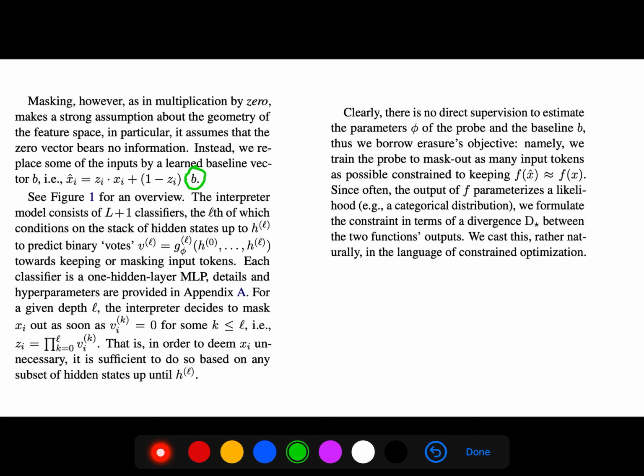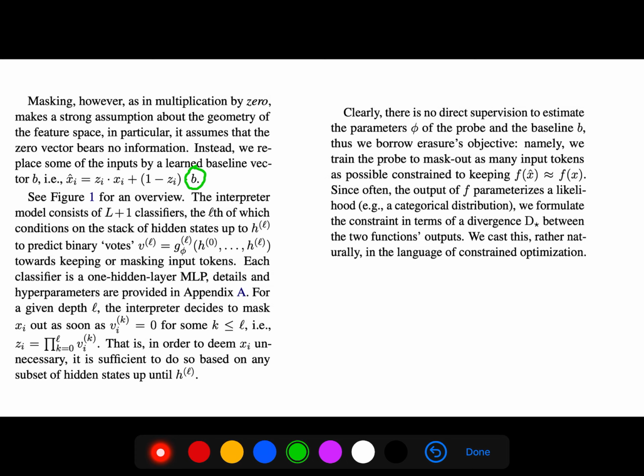So the interpreter model consists of L+1 classifiers, the k-th of which conditions on the stack of hidden states up to h sub k to predict binary votes for keeping or masking input tokens. Each classifier is a kind of transformer, not a graph transformer, because a transformer is a complete graph in which all tokens are related, anything can attend to any other thing. There is no substructure explicitly.